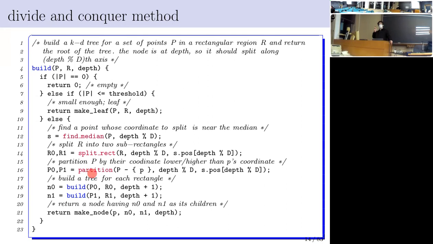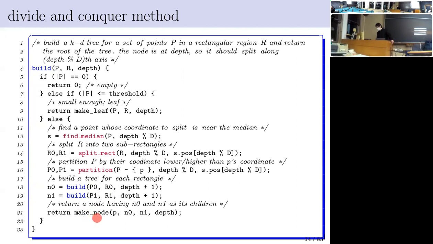This is very similar to what you will be very familiar with in the quicksort algorithm, right? And we simply call build recursively twice, one for the left one and the other for the right one.